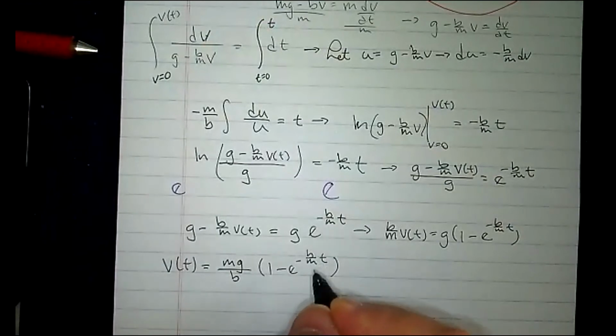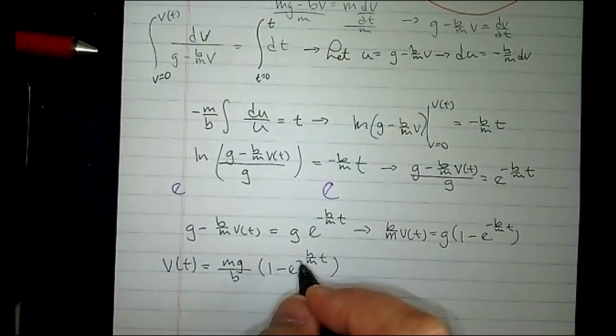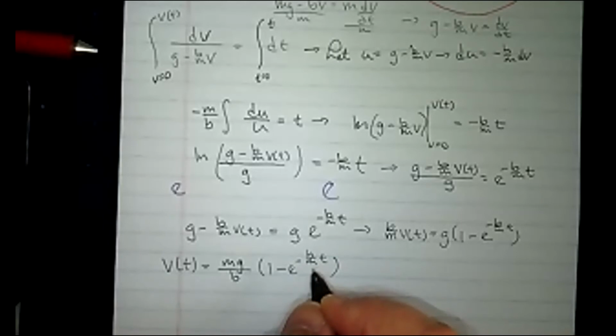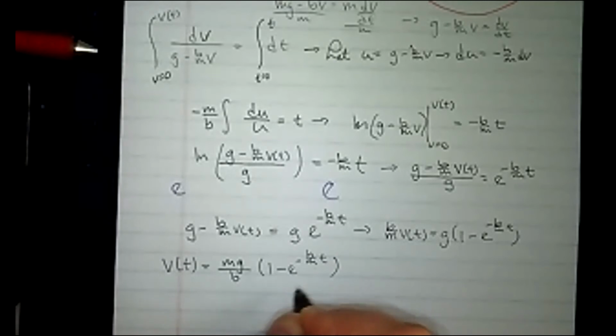And what we see is as t goes to infinity, this is a negative exponent, so that means it's really 1 over e to the b over m t. So as t gets larger and larger, this number gets smaller and smaller and will eventually approach 0 because it's in the denominator. And as the denominator goes to infinity, the whole fraction would go to 0.